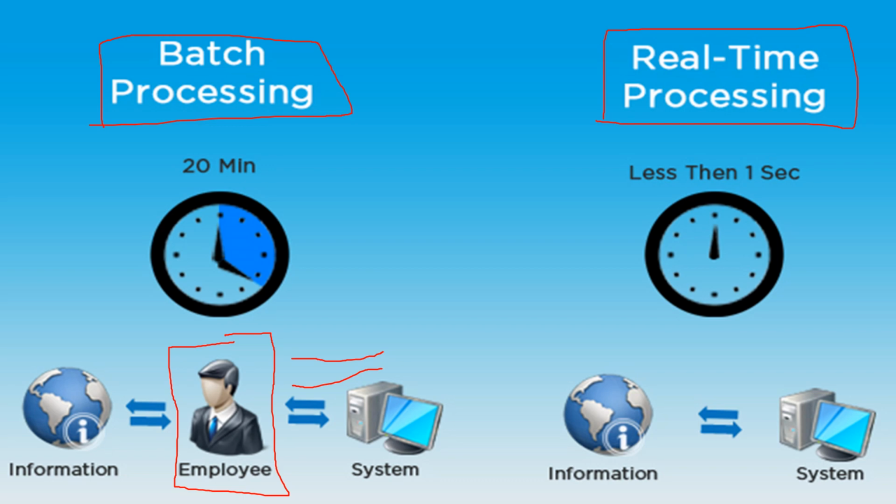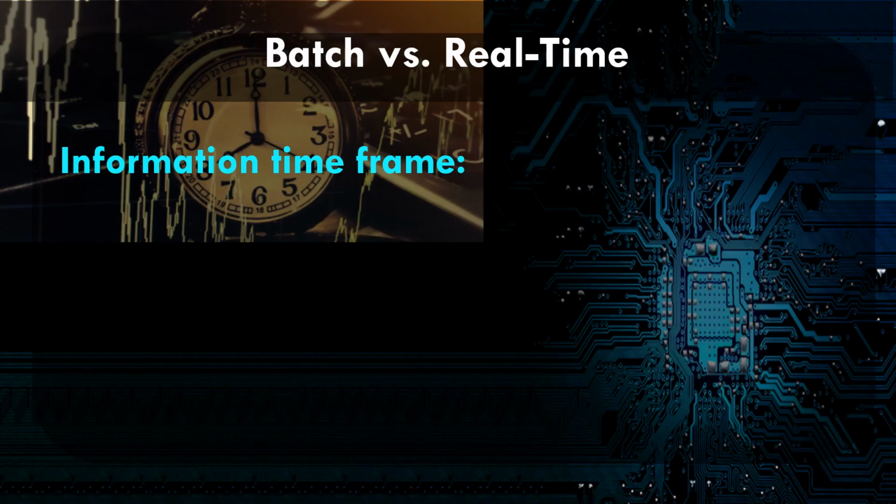On the other side is the real-time processing system, where the transaction is recorded in real time and there is no delay. The time the transaction occurred is the time it is recorded.